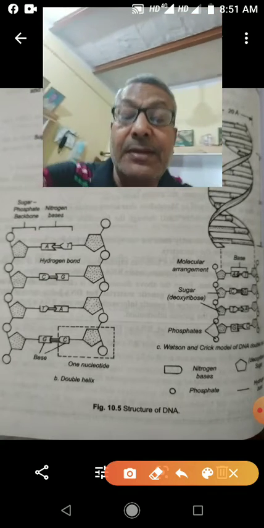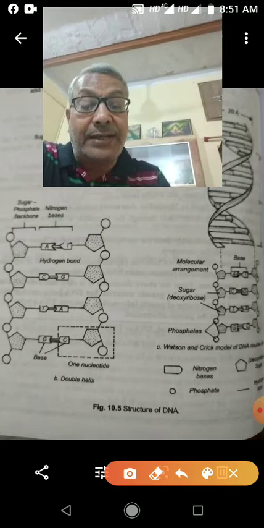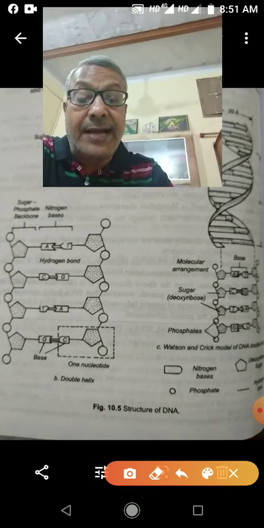Because there are four nitrogenous bases. Now these nucleotides will join together and form a long polynucleotide chain. So in each polynucleotide chain, the deoxyribose molecules are in two adjacent nucleotides.